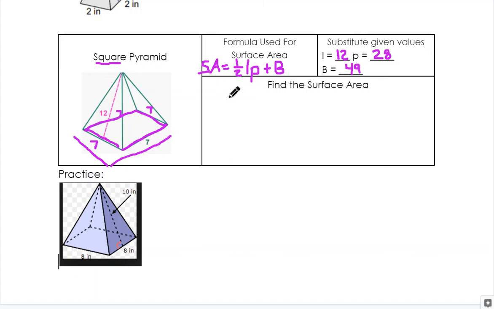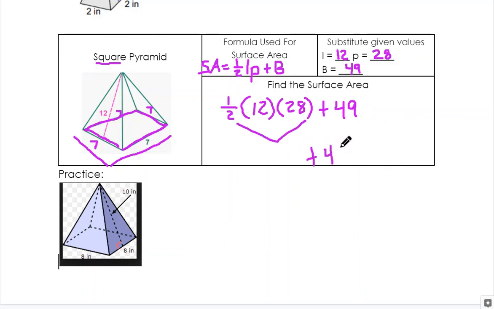So now I have to plug it into my formula. So it's going to be 1/2 times L, which is 12, times P, which is 28, and then plus 49. All right, so order of operations tells me I have to multiply before I can add. So I have to multiply these three things first and then add them to 49, and that's going to get me my surface area.